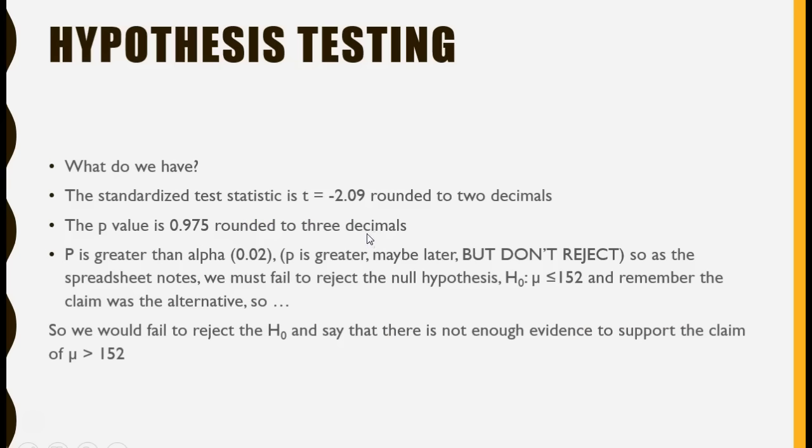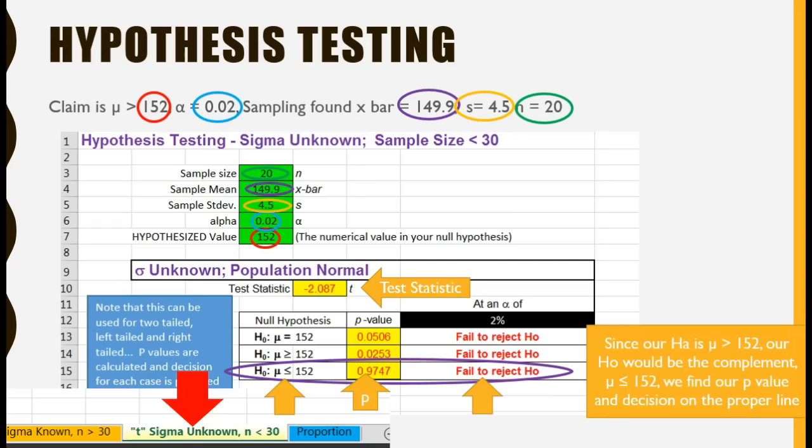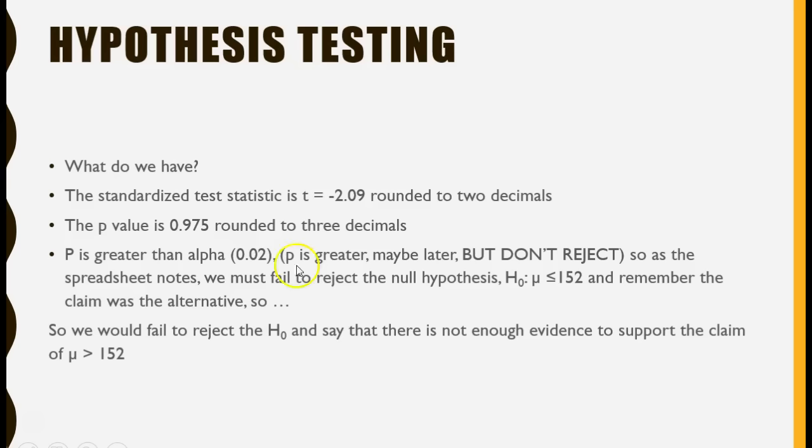Okay. Now, what do we have when we have that? Our standardized test statistic in this case is a t. It's negative 2.09. Right here, if I round that to 2 decimal places, negative 2.087 would be negative 2.09. My p-value, if I rounded that to 3 decimal places, would be 0.975.